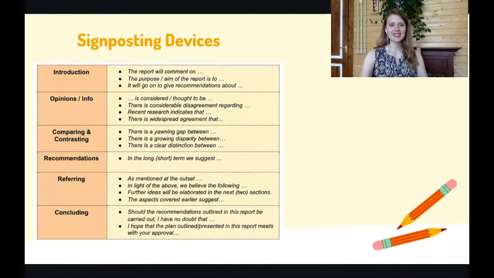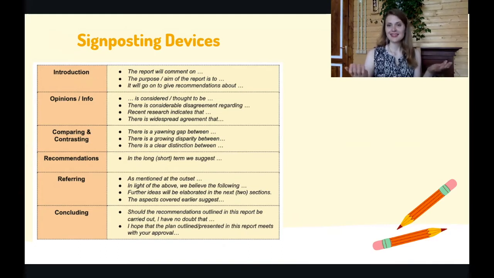So I've decided to give you some signposting devices that I normally give to my students when they just take the first steps trying to write reports. So you can pause the video and read them. You can also take a screenshot and give them a try. I mean, use them when drawing up your own report.